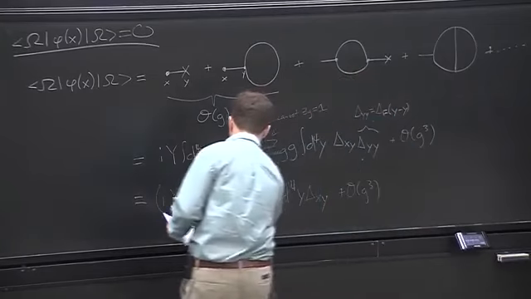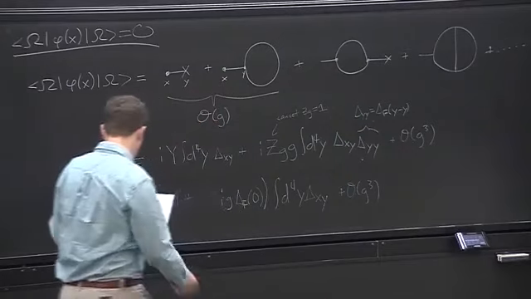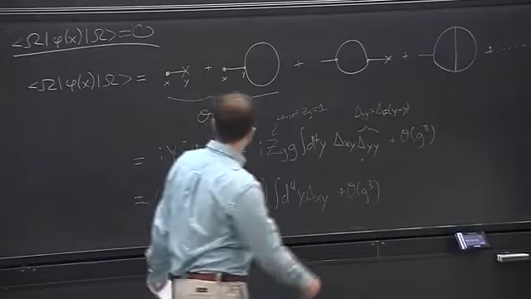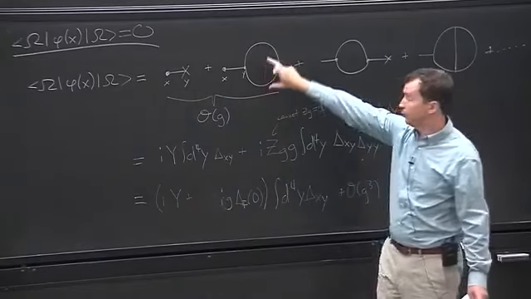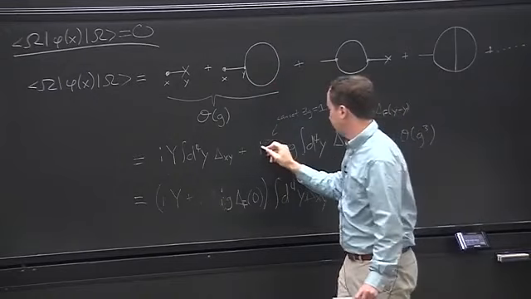We set zg to 1, so just ig. And I forgot something. So this diagram, of course, has a symmetry factor of 2. So there should be a half here.